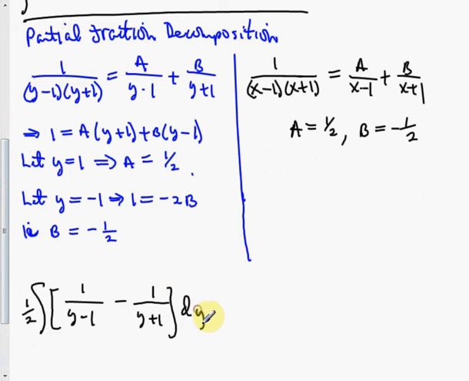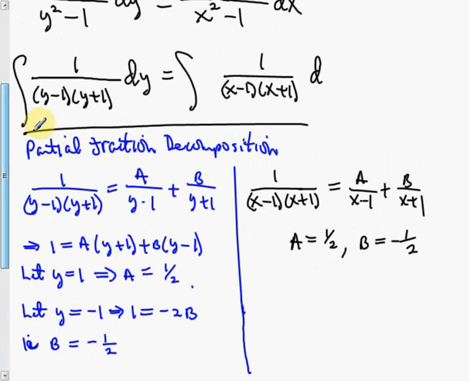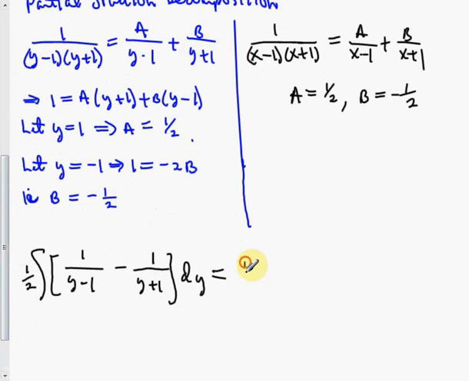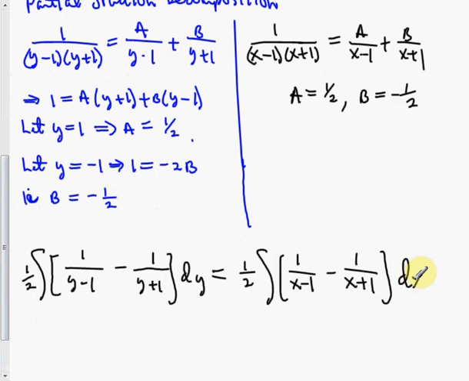And then it's a very similar setup for what's happening over here. So this is equal to 1/2 times the integral, brackets, 1 over x minus 1 minus 1 over x plus 1, dx.